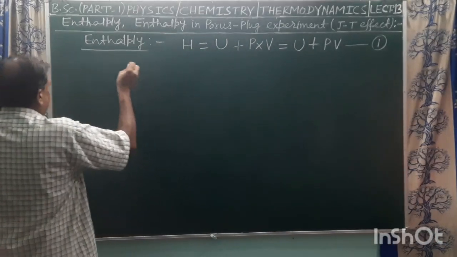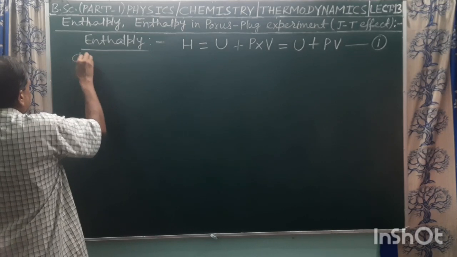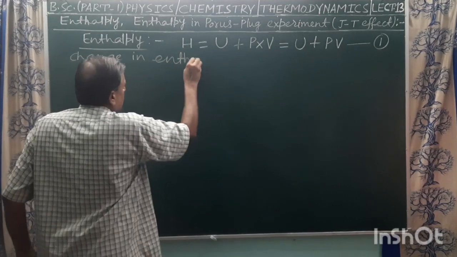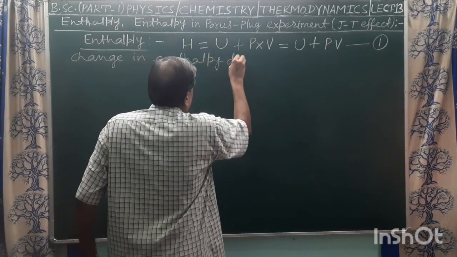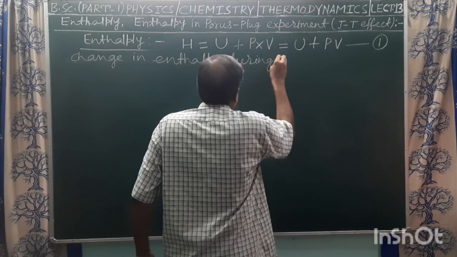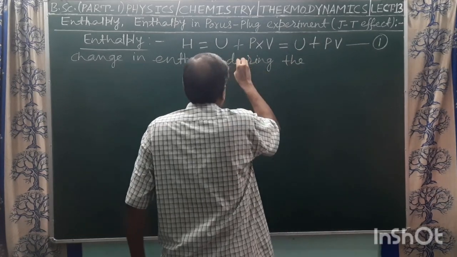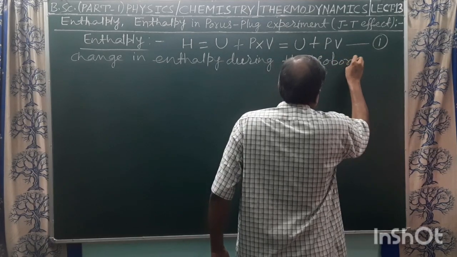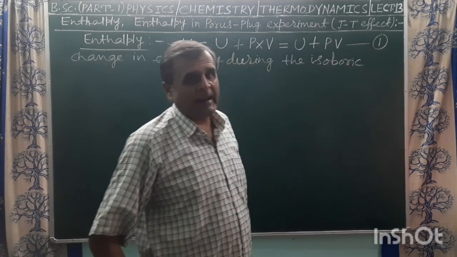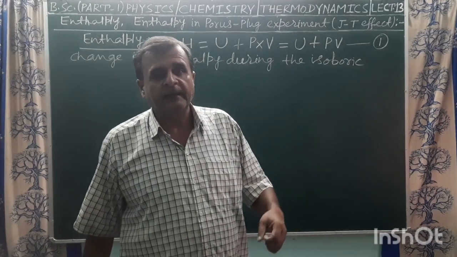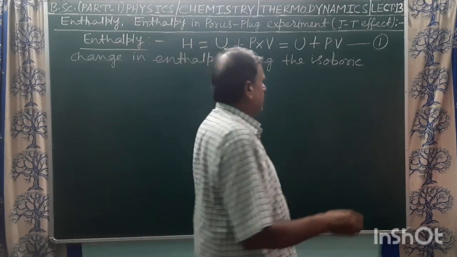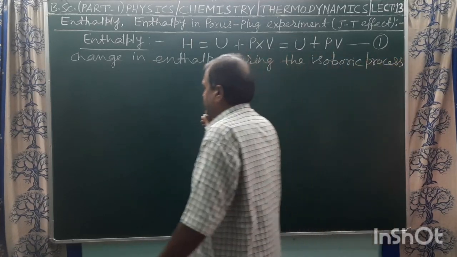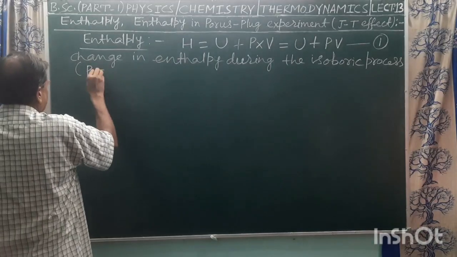So write down change in enthalpy during the isobaric process. Isobaric process is the process in which pressure remains constant. आइसोबारिक प्रोसेस वह प्रोसेस है जिसमें सिस्टम का गैस का प्रेशर कांस्टेंट होता है. Isobaric process means pressure of the system remains constant, P is equal to constant.